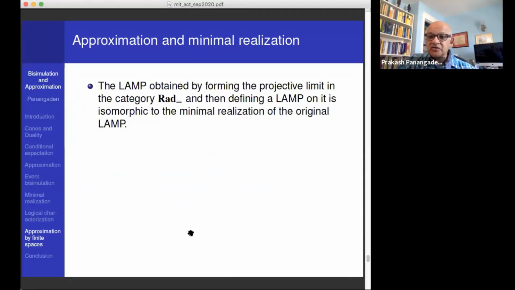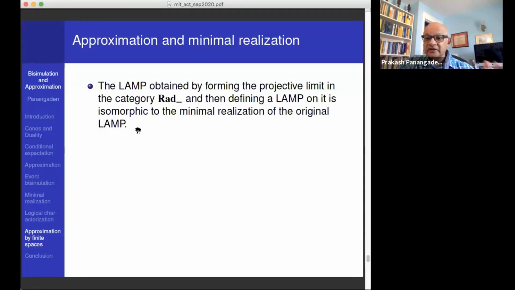Now you can ask, so you've constructed these finite approximants and you've got something. What is it? What we were able to show is that the LAMP obtained in this way, by forming the projective limit and then defining the LAMP that I've described, is actually isomorphic to the minimal realization of the original Markov process.